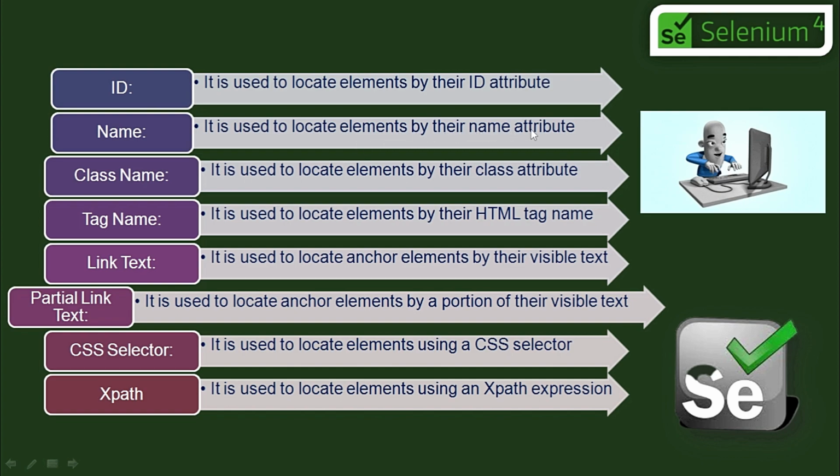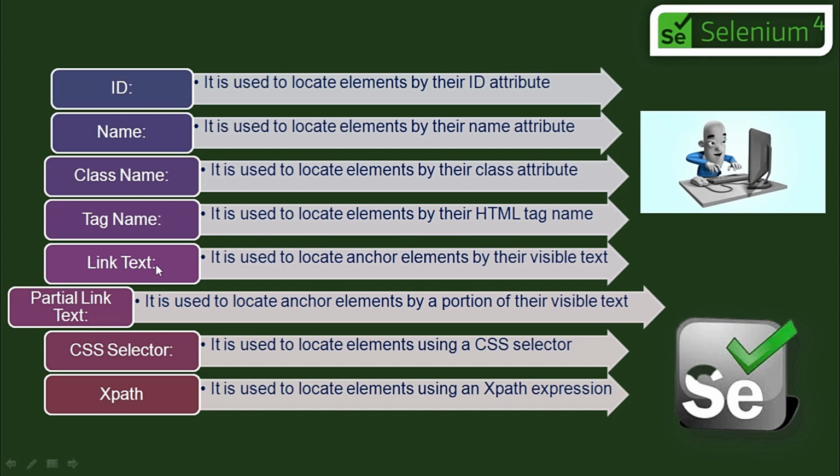There are different types of attributes for the given web elements, as you already know, and when we have the name as an attribute we can use the name locator to locate the elements on the web page. Then we have the class name, which is used to locate the elements by their class attributes, and if you find a particular static class name then you can go with the class name locator in the Selenium WebDriver. We have the tag name, which is used to locate the elements by their HTML tag name.